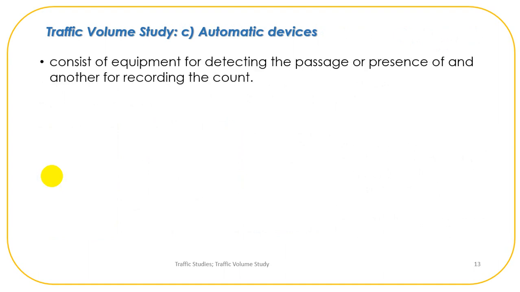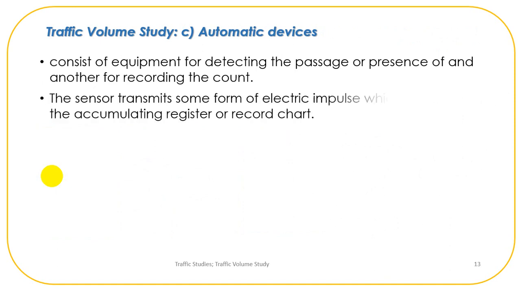Traffic volume study method C, automatic devices. It consists of equipment for detecting the passage or presence of a vehicle, and another for recording the count.